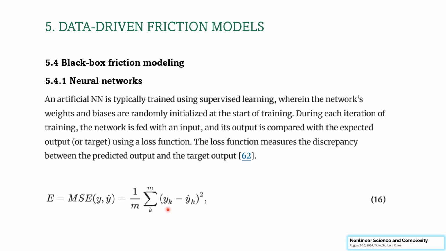An artificial neural network is typically trained using supervised learning. During each iteration of training, the network is fed with an input and its output is compared with the expected target using a loss function, which measures the discrepancy between the predicted and target output, for instance, using the following formula.